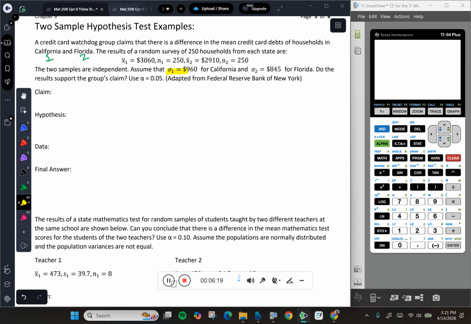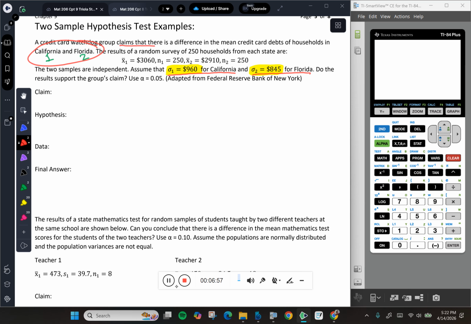We're supposed to assume that the population standard deviations are known for both Florida and California. Now, I want to point out something else here. In this statement, do you see how they're defining group 1 to be California and group 2 to be Florida? So we don't really even have a choice. Even though I thought I had a choice when I did this, later I realized I don't have a choice. Okay? All right, so let's take a look at the claim. What is the claim?